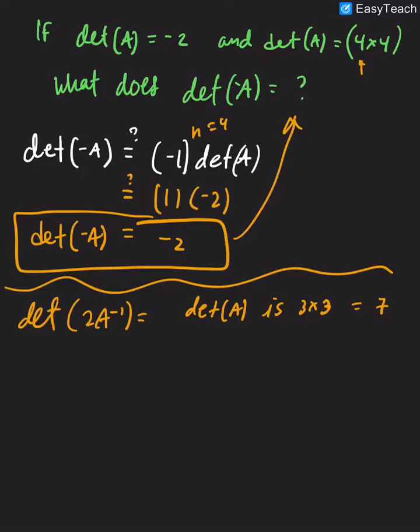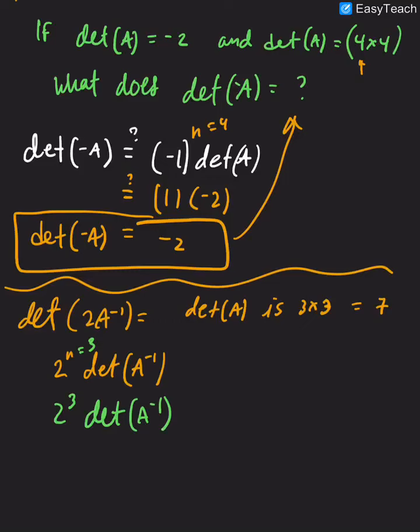Well, again, we are going to pull out that 2, and then we'll need our n variable, the determinant of A inverse. Okay, so what is our n? Oh, okay, that's right. No problem, it's 3. So now you have 2 to the 3rd power, determinant of A inverse.